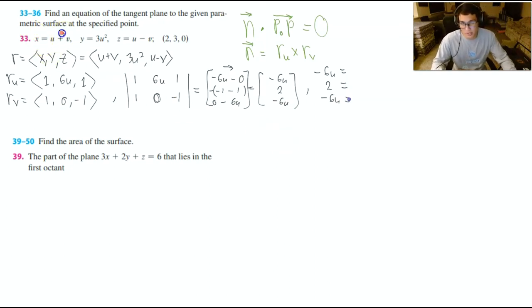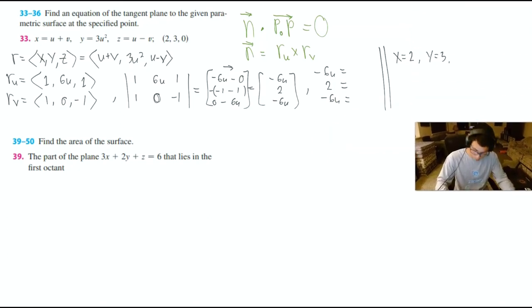If we set these equal to each other, it will help us find what u, v, and so on are. But it's kind of nice that we have these points here, so we could just put them in directly. So let's write this little box right here. We see that x is equal to 2, y is equal to 3, and z is equal to 0.